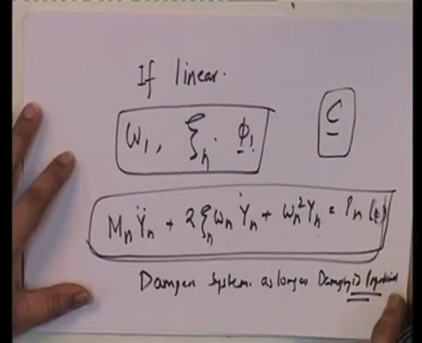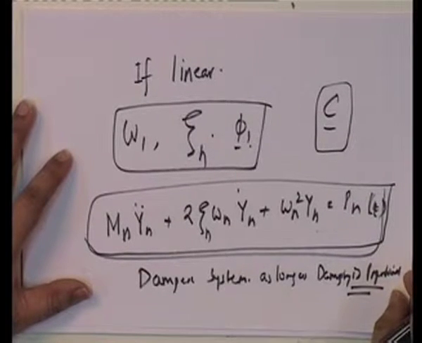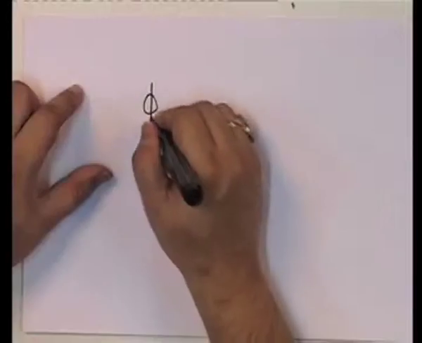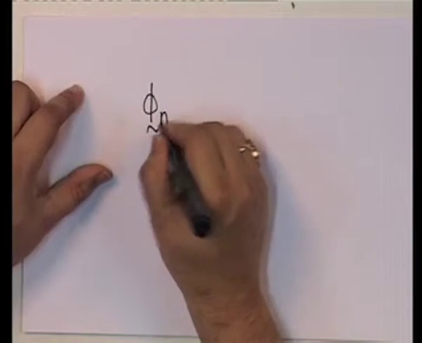But in a sense, if you look at this particular problem, the mode superposition technique essentially breaks it down into smaller problems. The other issue that comes in is, can we reduce the problem further? And this is something that we see because of the nature of phi n.